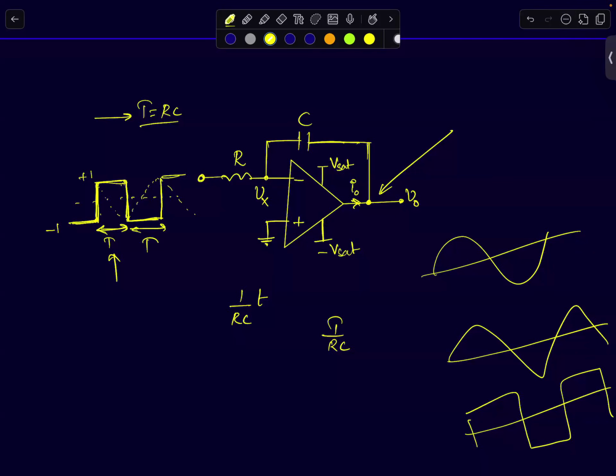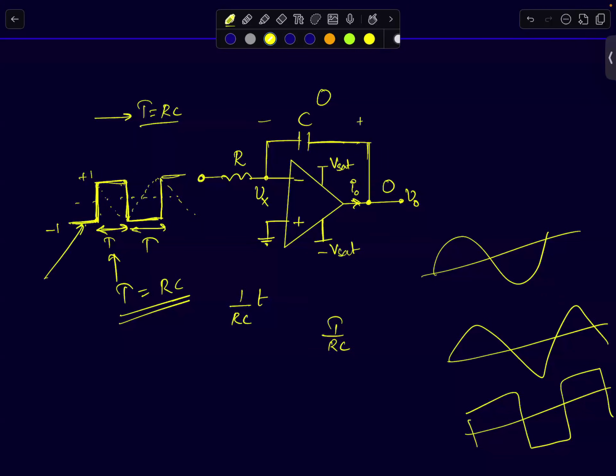And it is given that t, the on time or off time, equals RC. Assuming that the initial voltage across the capacitor is 0, which means output voltage is initially 0. Okay, you can again assume that the op-amp is in negative feedback mode.